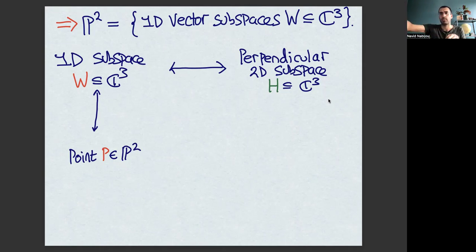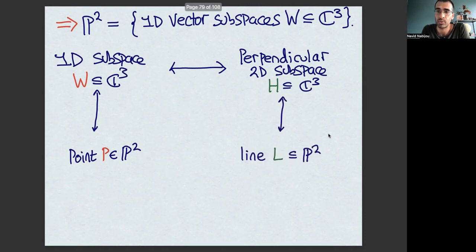So I can cover it by one-dimensional subspaces, and then my H is just some union of these one-dimensional things. So that means that it's basically a union of points in P2. And what kind of union is it? Well, it turns out actually to correspond to a line in P2. Okay, so just as one-dimensional things corresponded to zero-dimensional things in P2, two-dimensional things here correspond to one-dimensional things in P2. Yes, so the dimension drops by one each time.